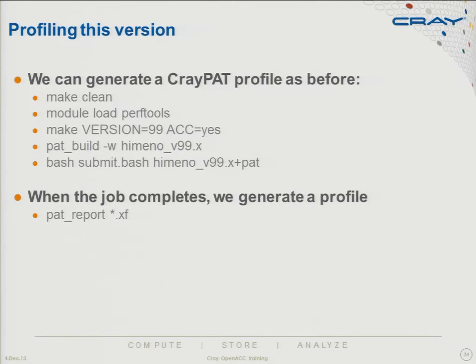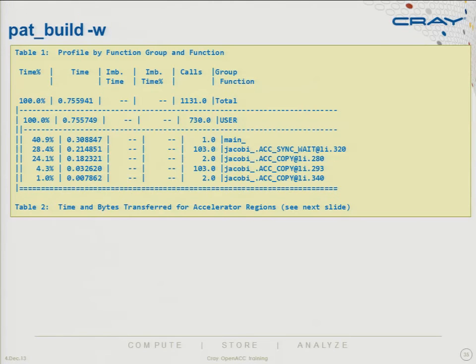And if you run a profile, so again, load the perftools module, build the code again, do this instrumentation line, this pat build, and run it, generate the report, and now if we look at table 1, what we see is that, of course, the runtime has gone down, but now the main program is 40%, and these data copies are reduced from being sort of 90-odd%, they're down to about the 25% level.